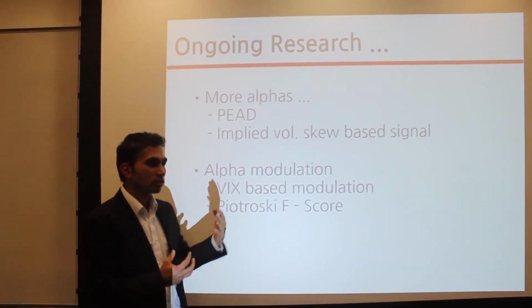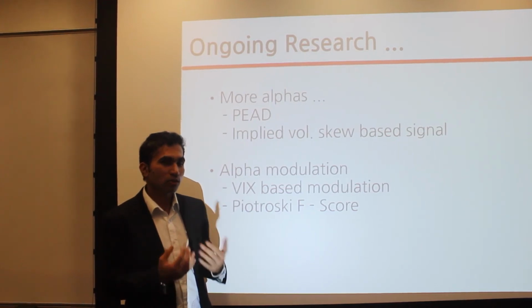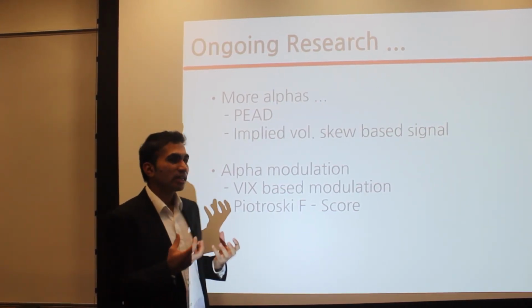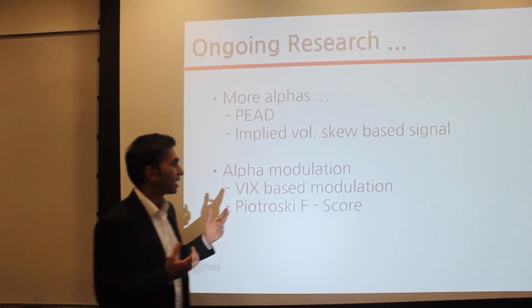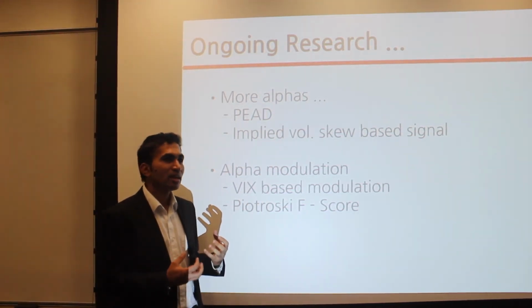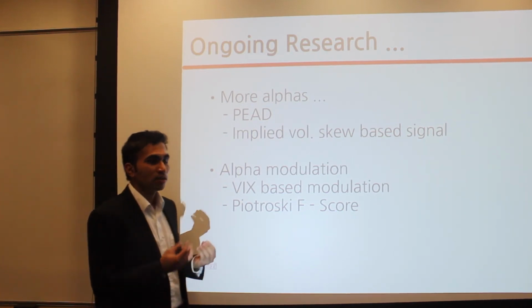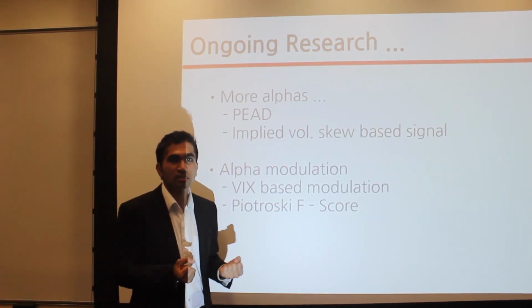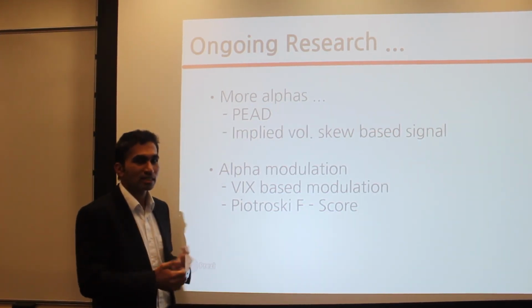But some of the alphas work in some periods, and some of the alphas don't work in some periods, which led us to think about alpha modulation. We are working on VIX-based modulation for our technical signals and some contrarian signals. Basically, when VIX is high, we believe that contrarian signals perform well. We are still testing this idea.